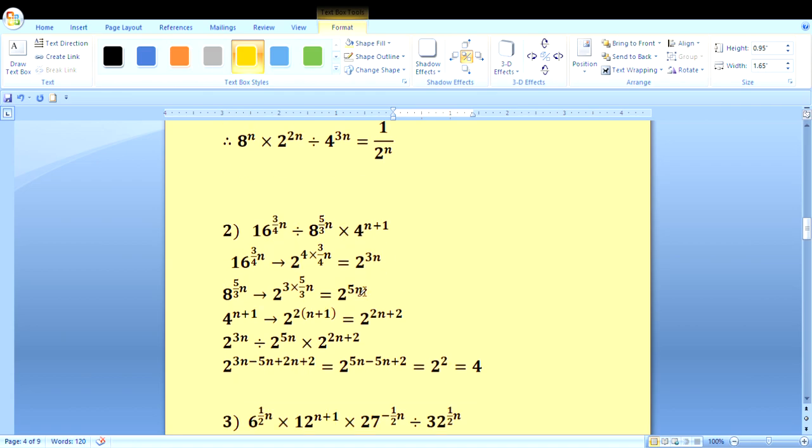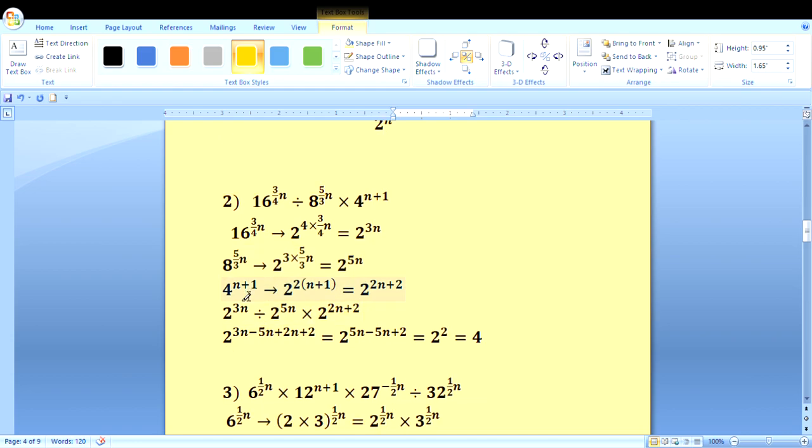So 16 raised to the power 3 over 4n is the same thing as 2 raised to the power 3n. Now let's look at 8 raised to the power 5 over 3n. 8 is 2 raised to the power 3, multiplying the power here times 5 over 3n. So 3 cancels 3, and it becomes 2 raised to the power 5n. Now similarly, let's look at 4 raised to the power n plus 1. This one can be written as 2 raised to the power 2, which is 4, multiplying the power n plus 1, and this becomes 2 times n is 2n, then 2 times 1 is 2.